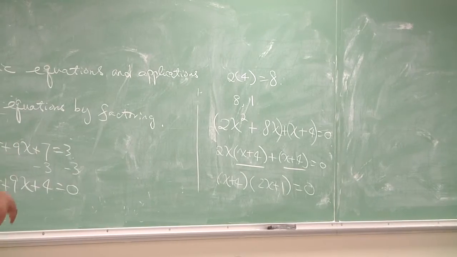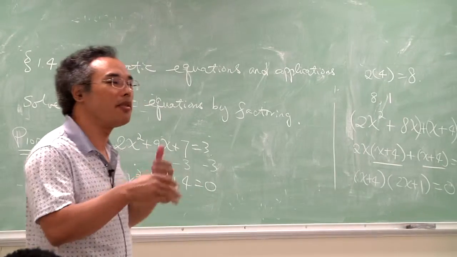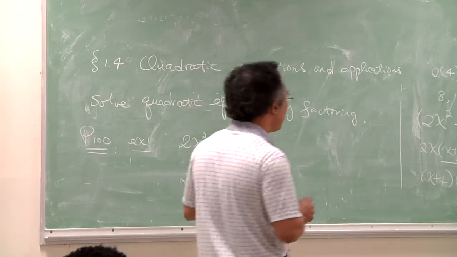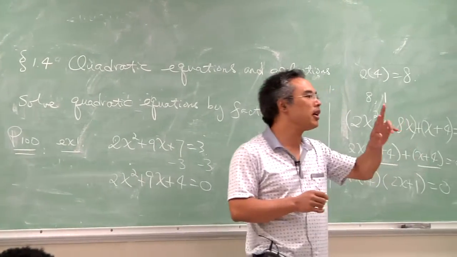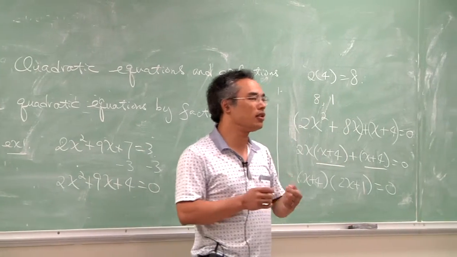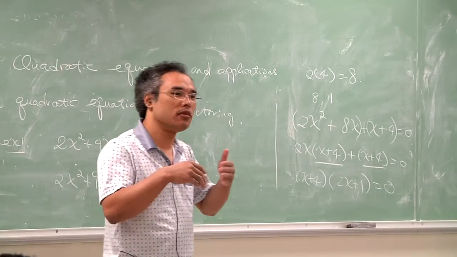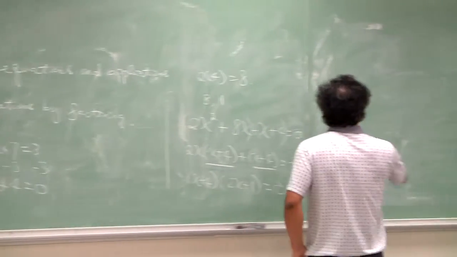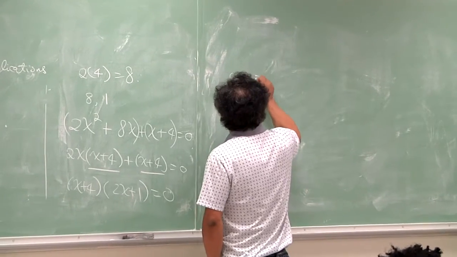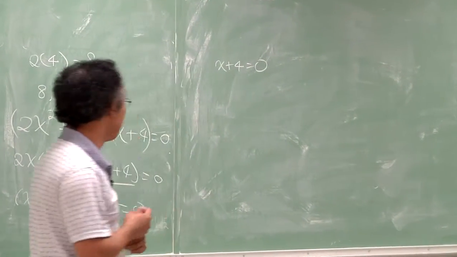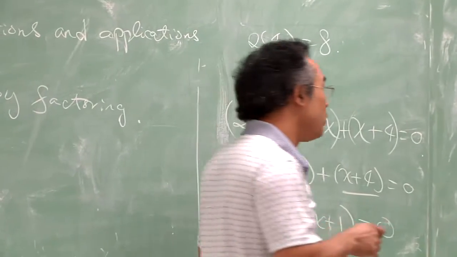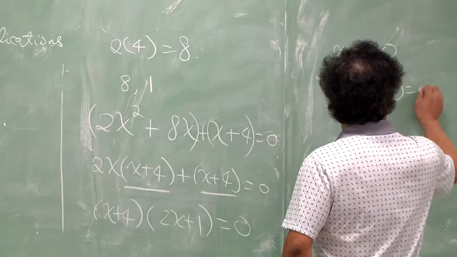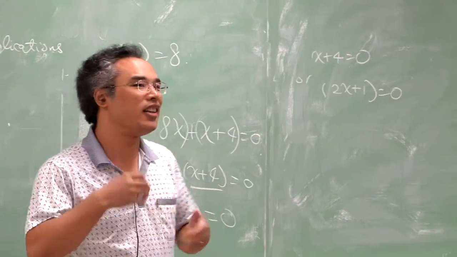Once we factor it, we can solve it easily by setting each factor to 0. If two numbers multiply to 0, then at least one of them has to be 0. So you put x plus 4 equal to 0, which gives you one solution, and then you put 2x plus 1 equal to 0, which gives another solution.